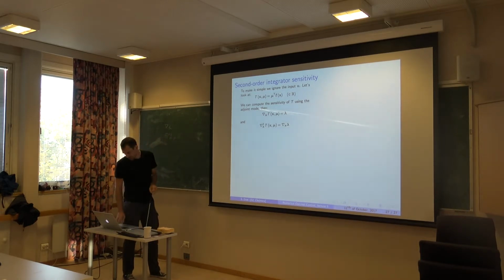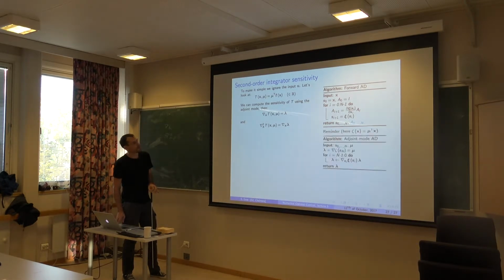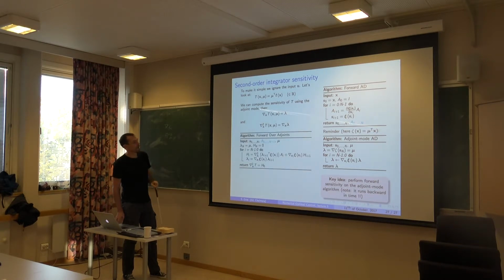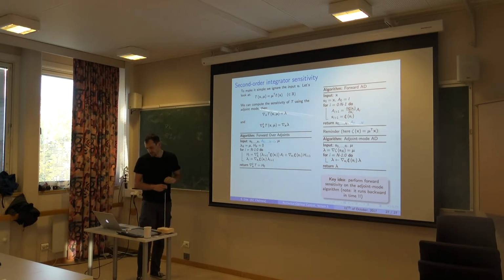adjoint mode sensitivities. Essentially you end up doing a forward pass to get the S, a reverse mode pass to get the lambdas, and then a forward pass again over the adjoint. You can look at this offline.